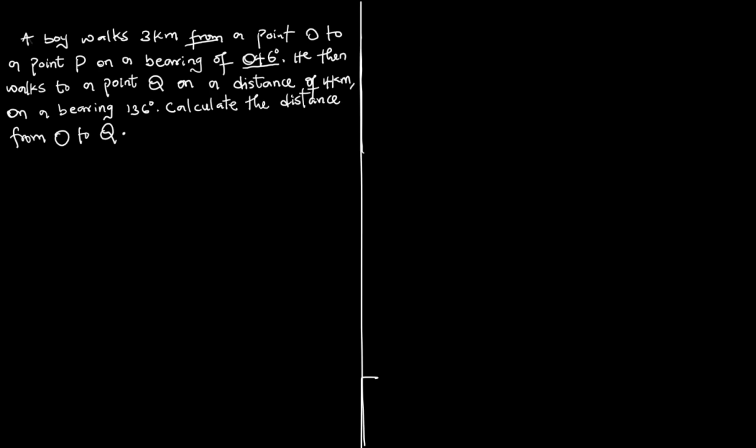Now, to solve this question is not difficult at all. The first thing you need to note is from what point the measurement begins. So the boy walks 3 kilometers from a point O. So the point O is our point of origin.